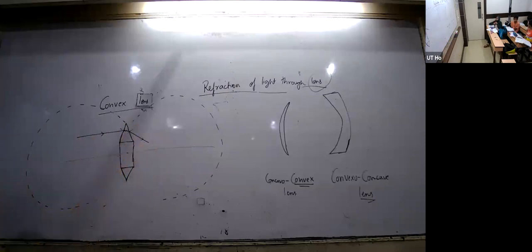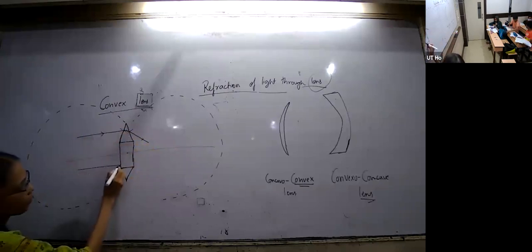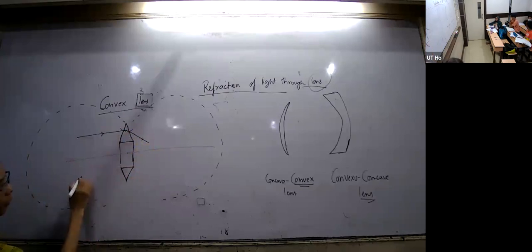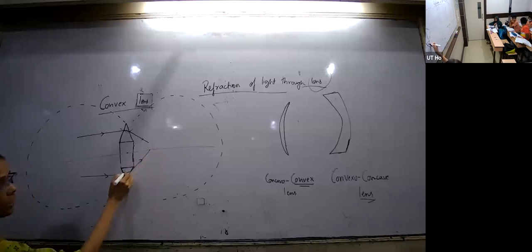You can clearly see that the ray which was going parallel is now bending towards the principal axis, right? If the same thing I had drawn over here, another parallel ray hitting here, it will move towards and converge like this. The same replication will happen.